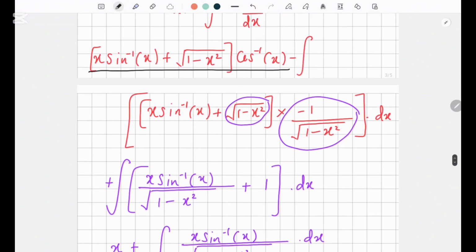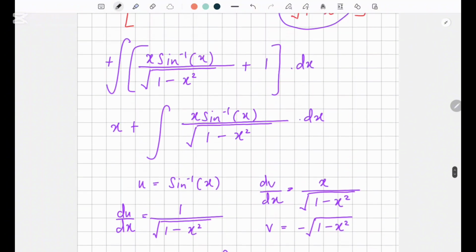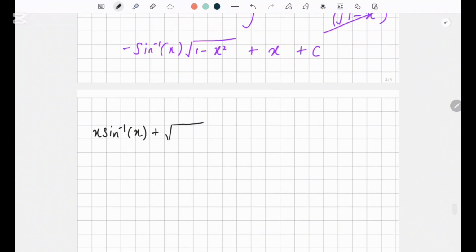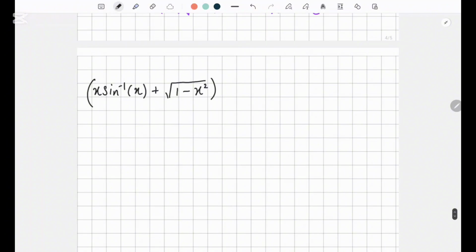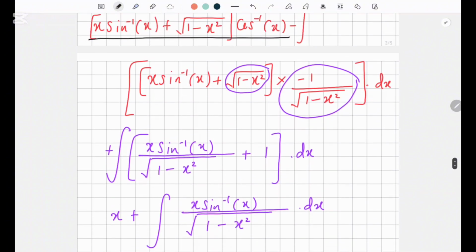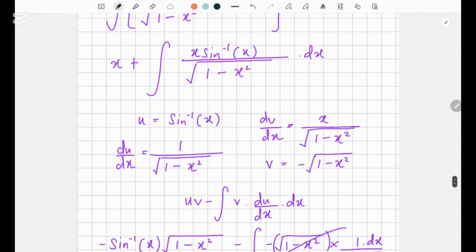So the final answer is x sine inverse x plus root 1 minus x squared into cos inverse x, plus the integration of this, which we found later on.